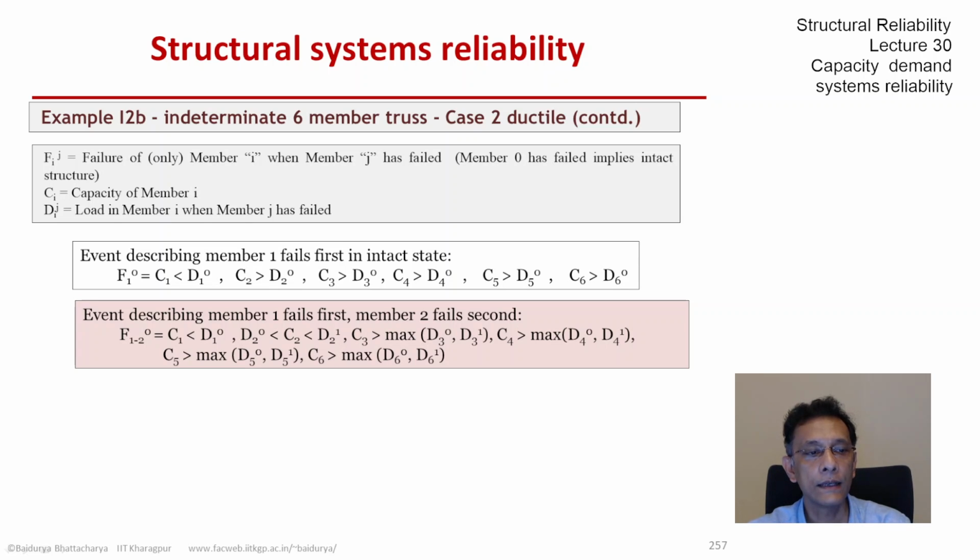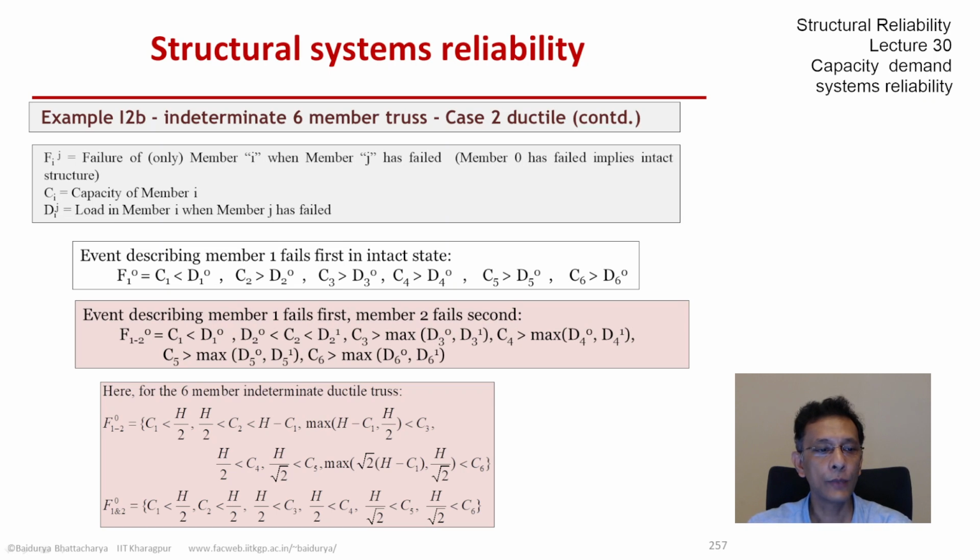So that is again looking at C1 has failed and C2 is between D02 and D12, and all the other capacities are greater than the loads put on them at both stages.